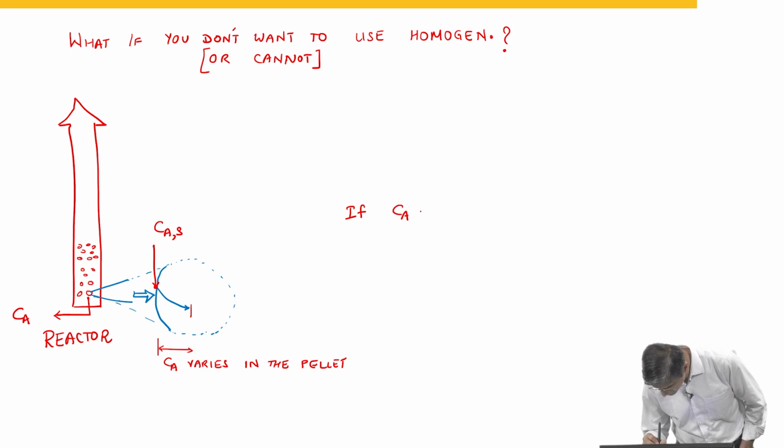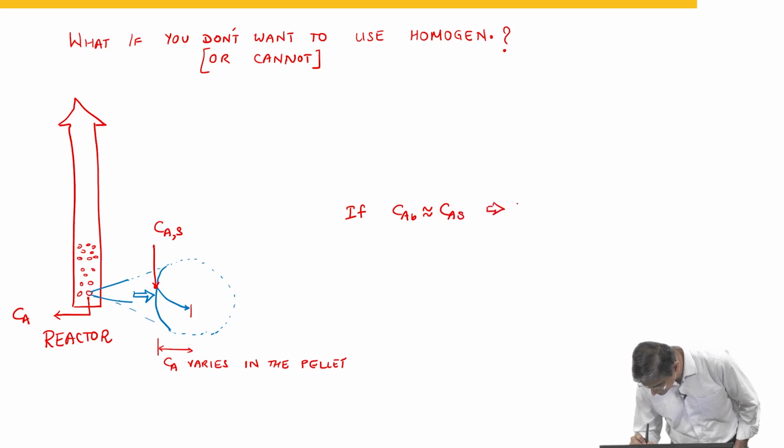If Ca in bulk is said to be approximately equal to Cas, then you get the homogeneous model.